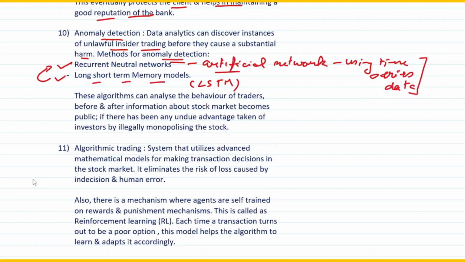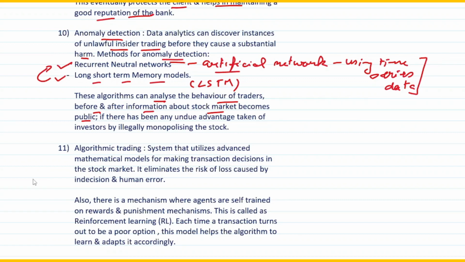It can be done through recurrent neural networks, or through LSTM, which is again a kind of recurrent neural network. These algorithms can analyze the behavior of traders before and after information about stock markets becomes public. Why? Just to make sure that it was not a part of insider information, these algorithms can analyze the pattern of the stock prices, right?